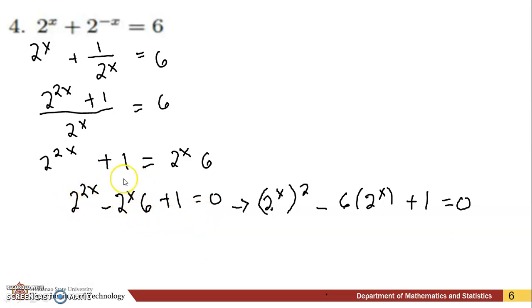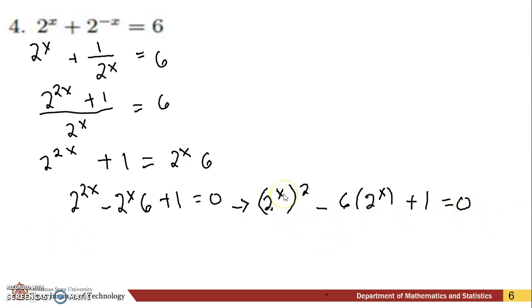Notice that we have 2 to the x here, and we also have 2 to the 2x here, so that 2 to the 2x can be rewritten as 2 to the x quantity squared, minus 6 times 2 to the x, plus 1 equals 0.